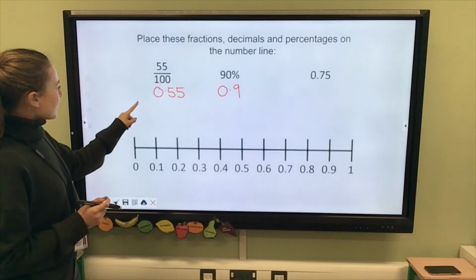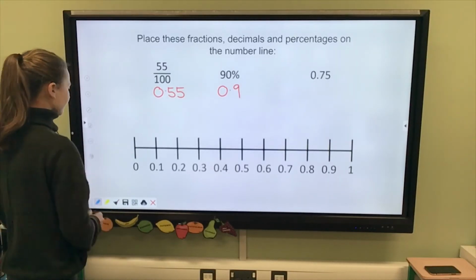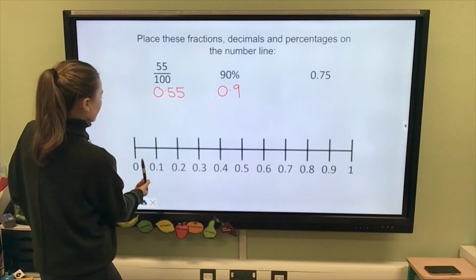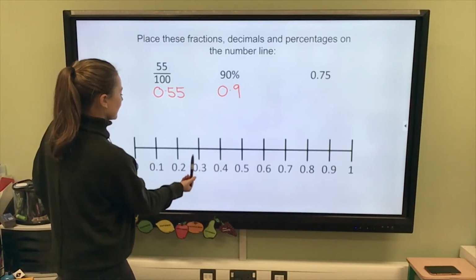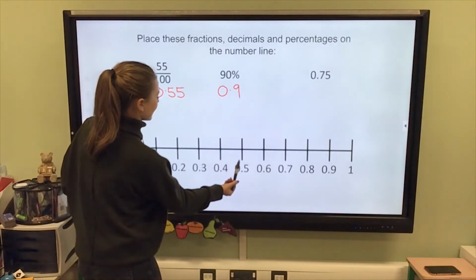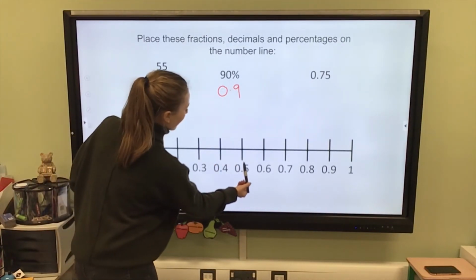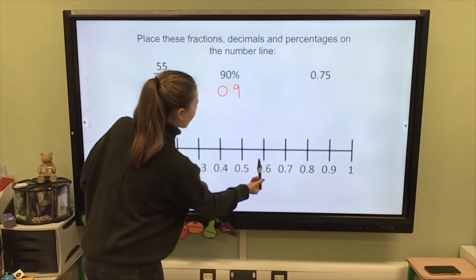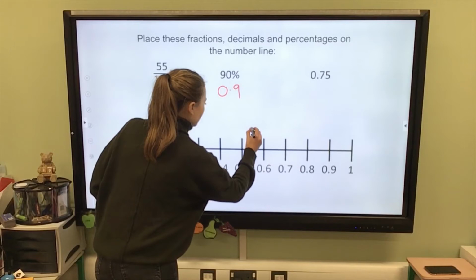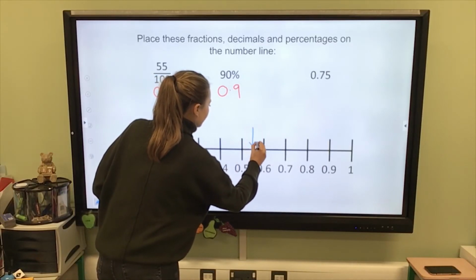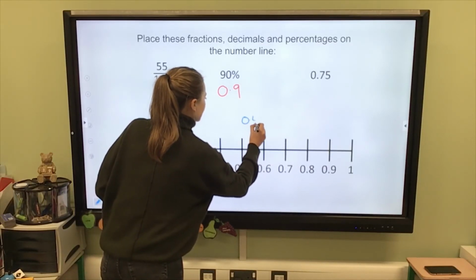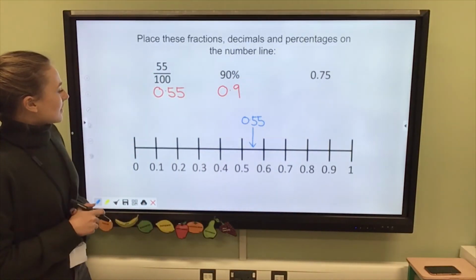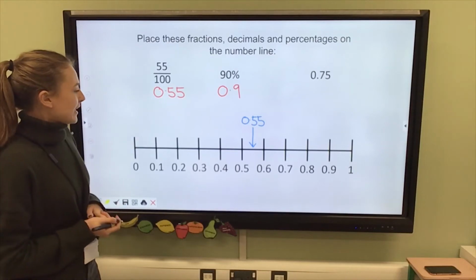So now they're going to be much easier for me to plot on my number line down here. So let's start with 0.55. If I count along, 0.1, 0.2, 0.3, 0.4, 0.5, I know that 0.55 is going to sit halfway between my 0.5 and my 0.6. So I'm going to do an arrow here and label it 0.55. Next I have 0.9.